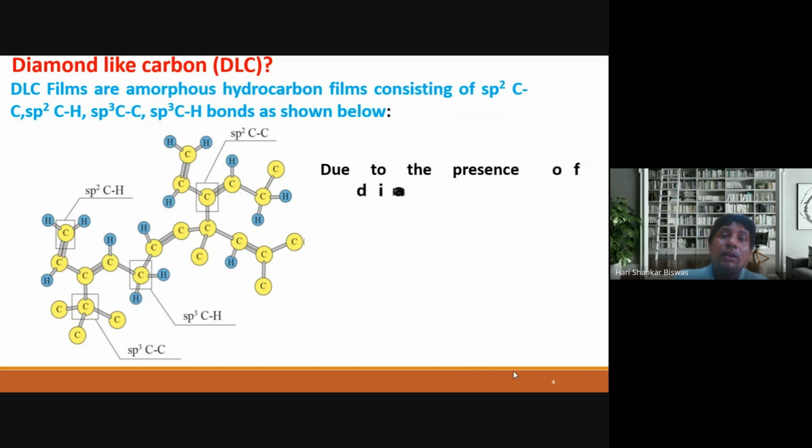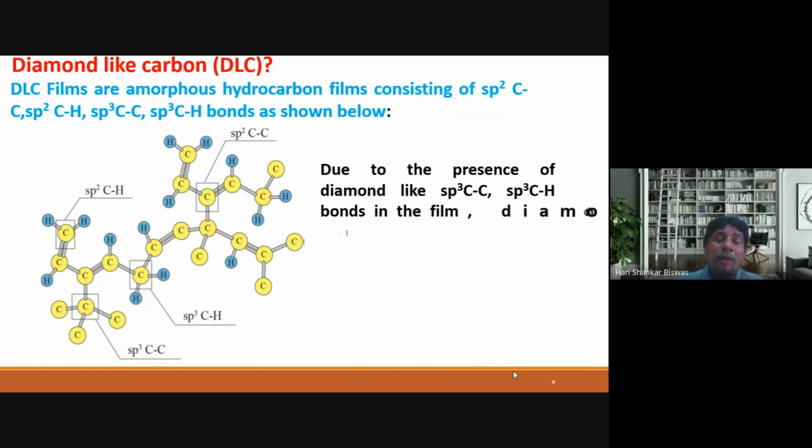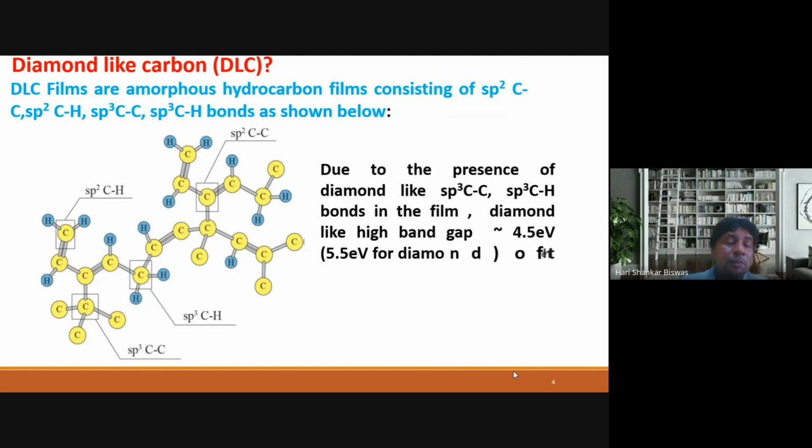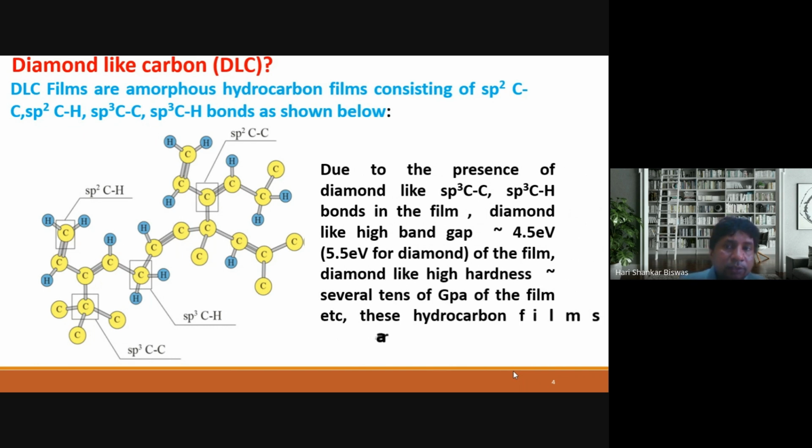This is due to the presence of diamond-like sp3 carbon, and there are some sp3 carbon-hydrogen bonds in the film. It is very near to diamond, with a high band gap and high hardness, several gigapascals. This is a hydrocarbon. For this reason, it is known as diamond-like carbon.